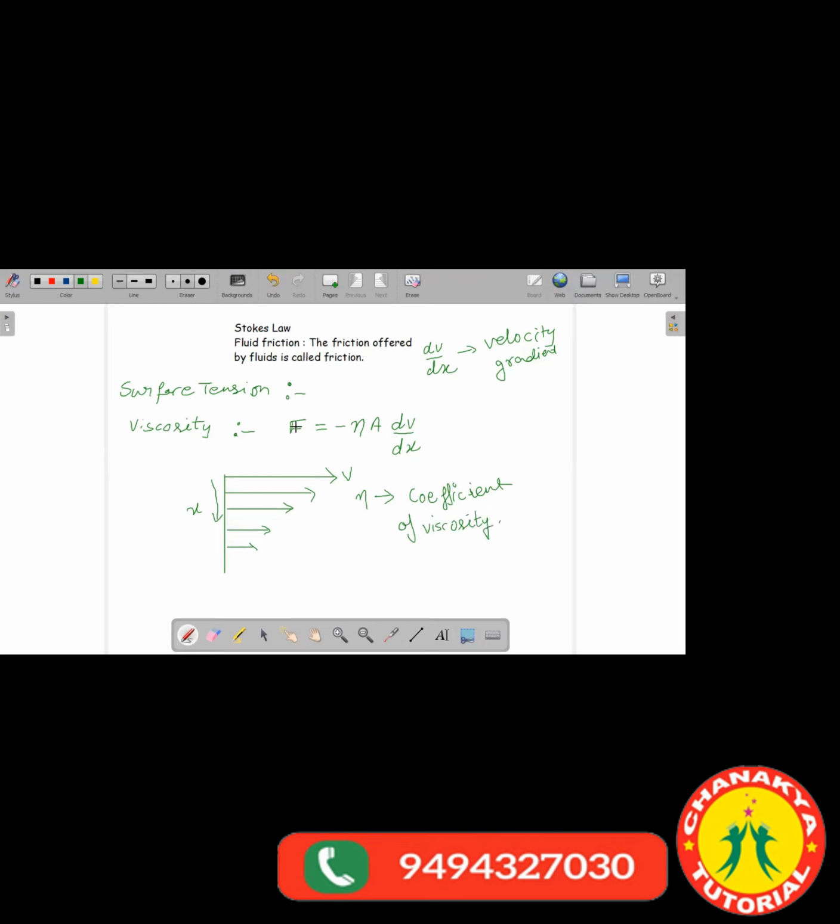Now the other terms. Today we have to discuss the Stokes law. In the past classes we have also discussed terminal velocity, a phenomenon which is related to the Stokes law. Actually, terminal velocity is the result of the Stokes law. So let us see today's Stokes law, and we'll also see the fluid friction.